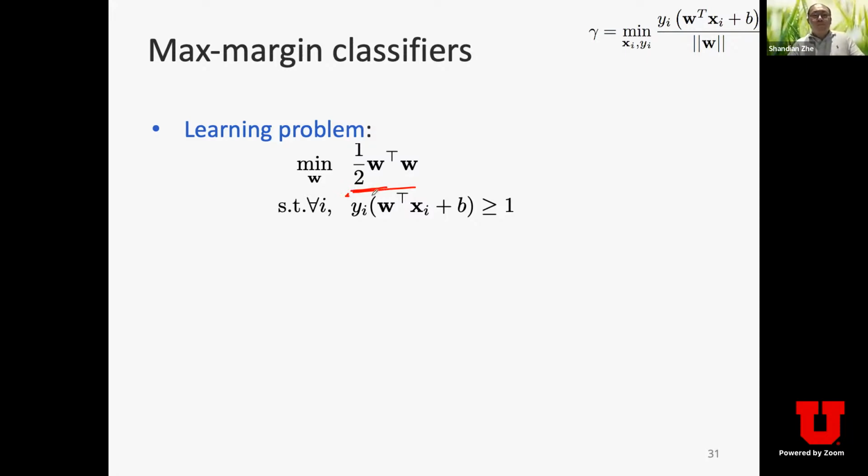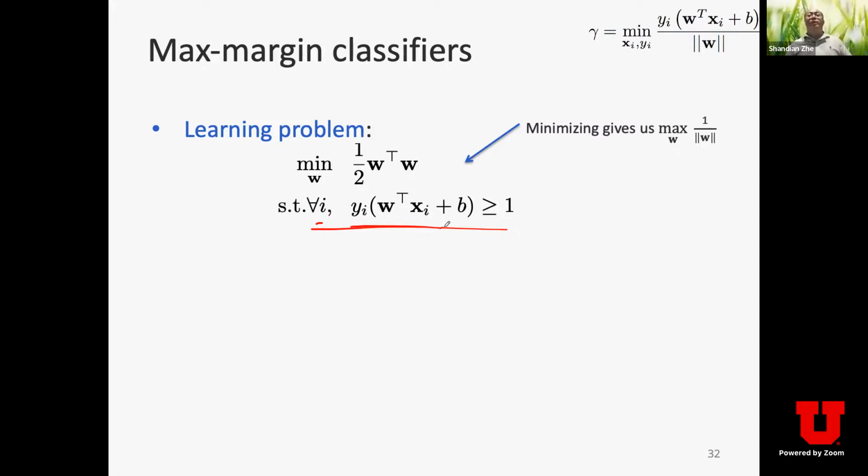And this is equivalent to maximizing the margin. And then we put a set of constraints to constrain our search of WB over a small subset, in which the minimum function margin is 1. How do we put this constraint? That means for every training example i, we have this function margin at least 1.